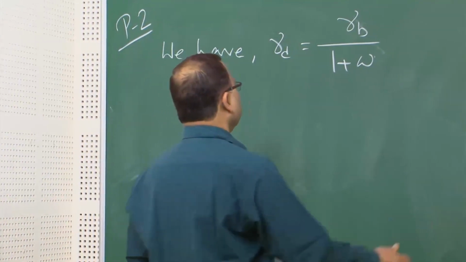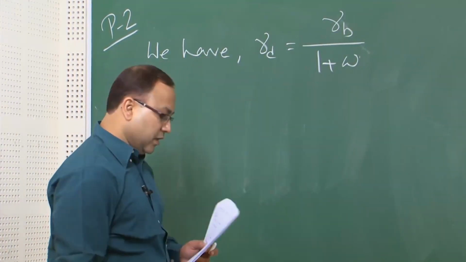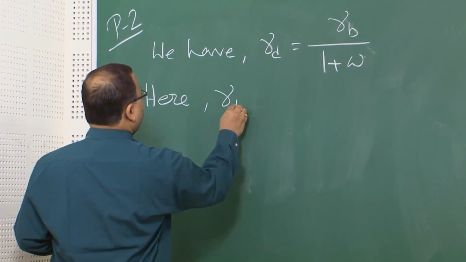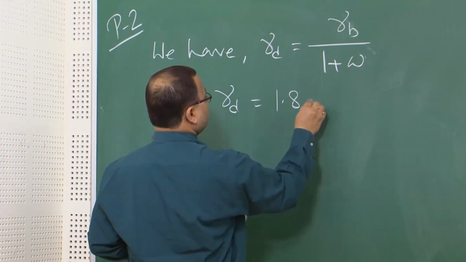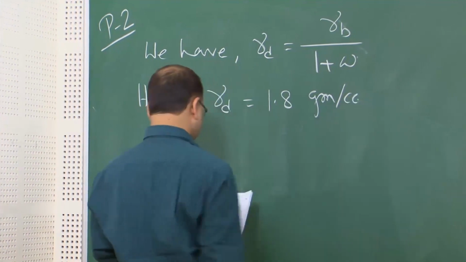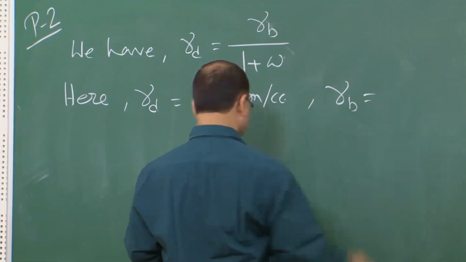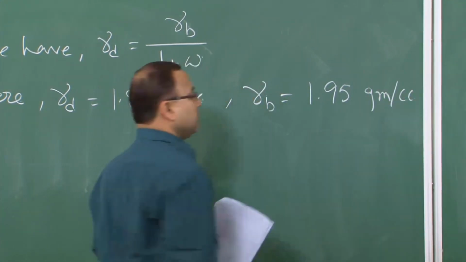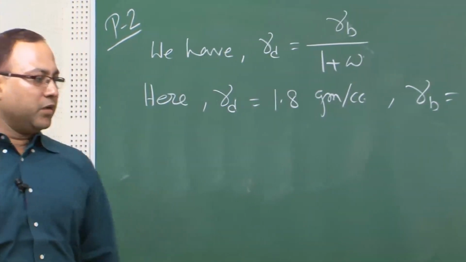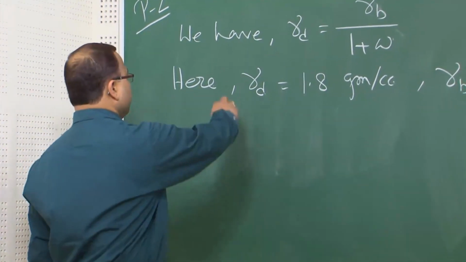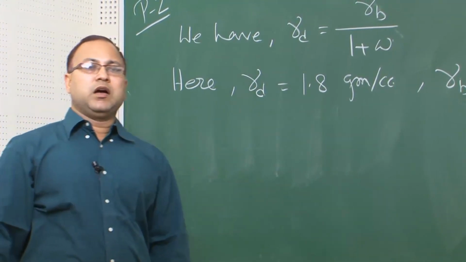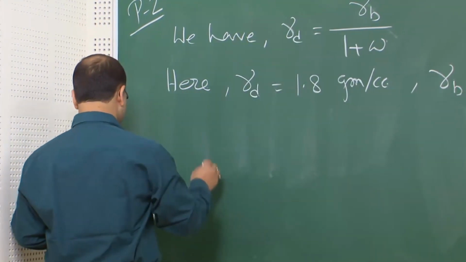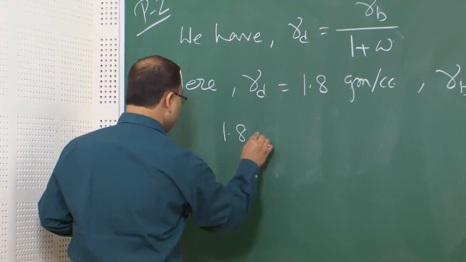Okay. So here gamma D is 1.8 gram per cc and gamma B is 1.95 gram per cc. These are given in the problem. So if you look at the problem, these two unit weight or density values are given.